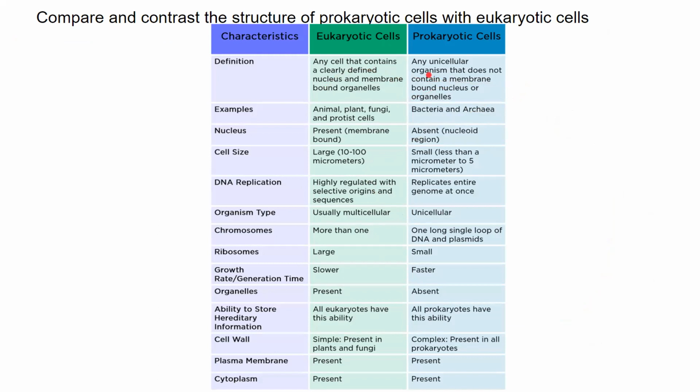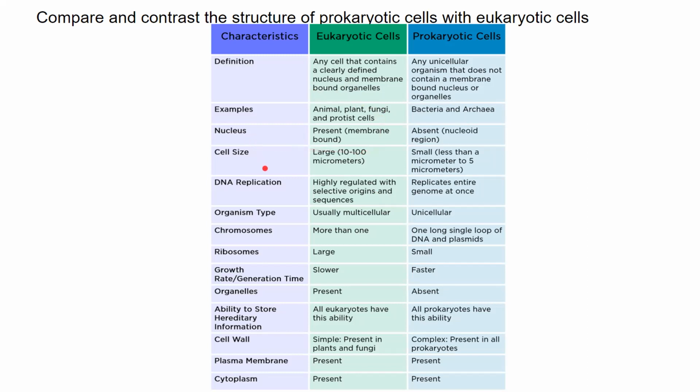The examples are very clear. There's bacteria and archaea that are prokaryotic. Archaea are not in detail in your syllabus, so they won't be tested. Bacteria will, so it's important to know bacteria as an example of prokaryotes. Other than that, everything else is eukaryotic. There may be certain differences between these eukaryotic cells within themselves, which we'll study as well.